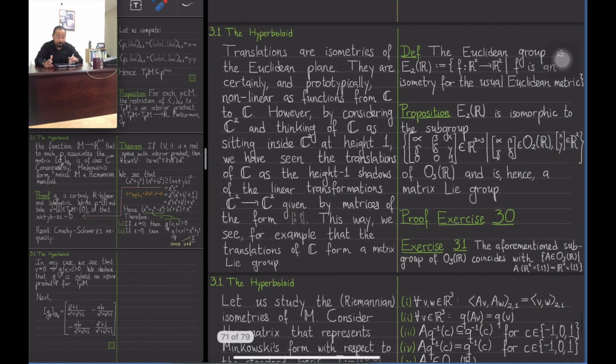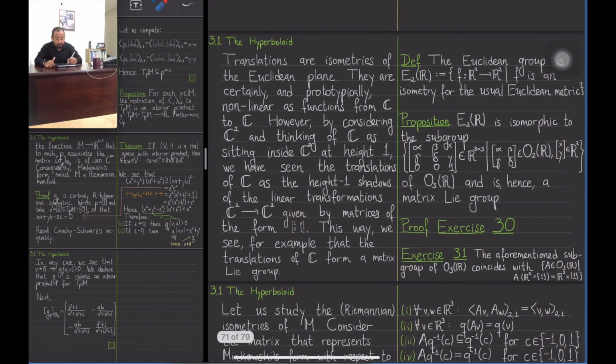Okay, anyway, my point is, by looking at height one, by looking at the space whose isometries we are interested in as a certain topological subspace, or certain affine subspace, or certain surface, let's say, in a space of higher dimension, then we can interpret the translations of our original space as coming from linear maps of the space of higher dimension.